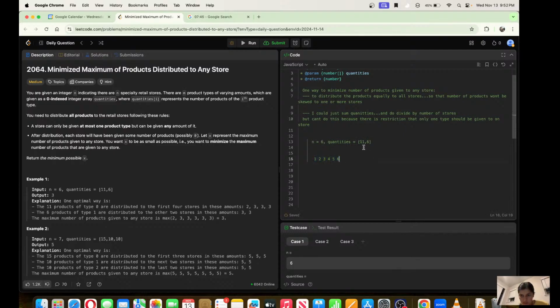So 1 2 3 4 5 6, and quantities are 11 and 6. Since there are 11 of one type, suppose I give 1 of each quantity of one type to all the stores, then I will not be able to distribute this to any other store. Suppose I give 2, so what can I do then?